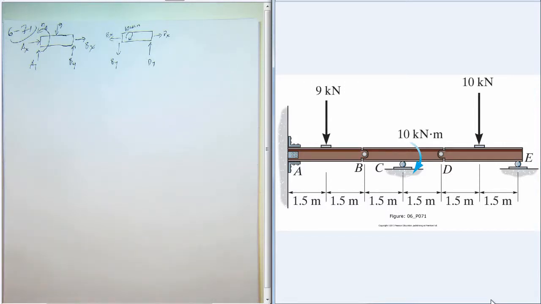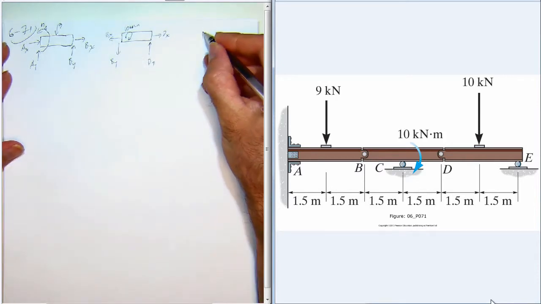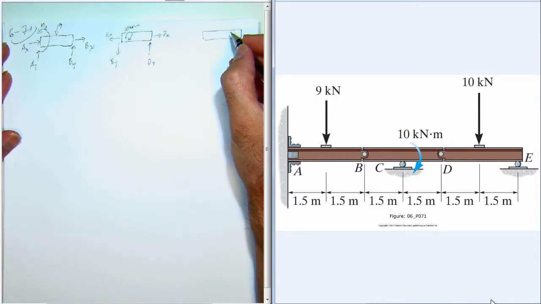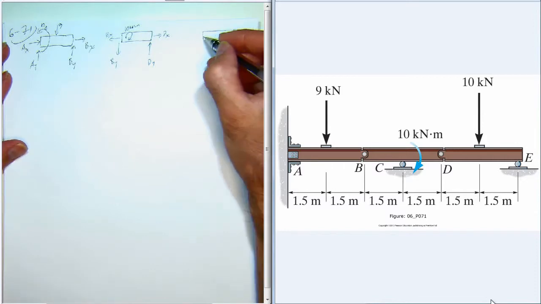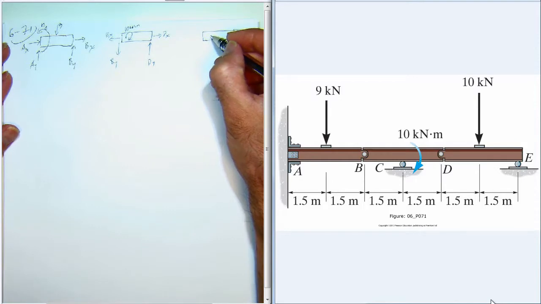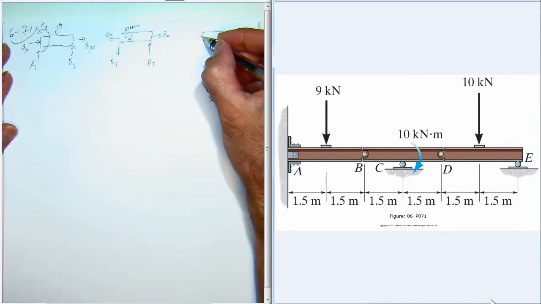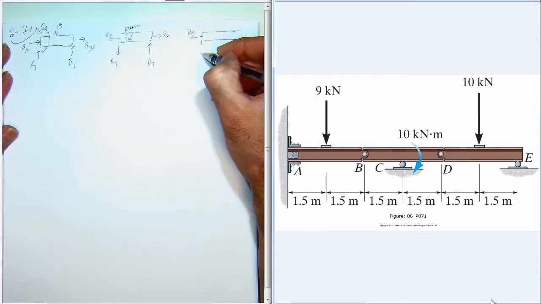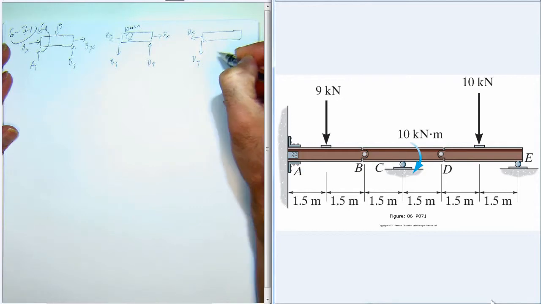Now finally we just draw the last free body diagram. Member DE. We have a pin at D, so we need to draw the reaction forces from that pin, and these need to be equal and opposite to those on CD. So we have dx acting to the left and dy acting down.